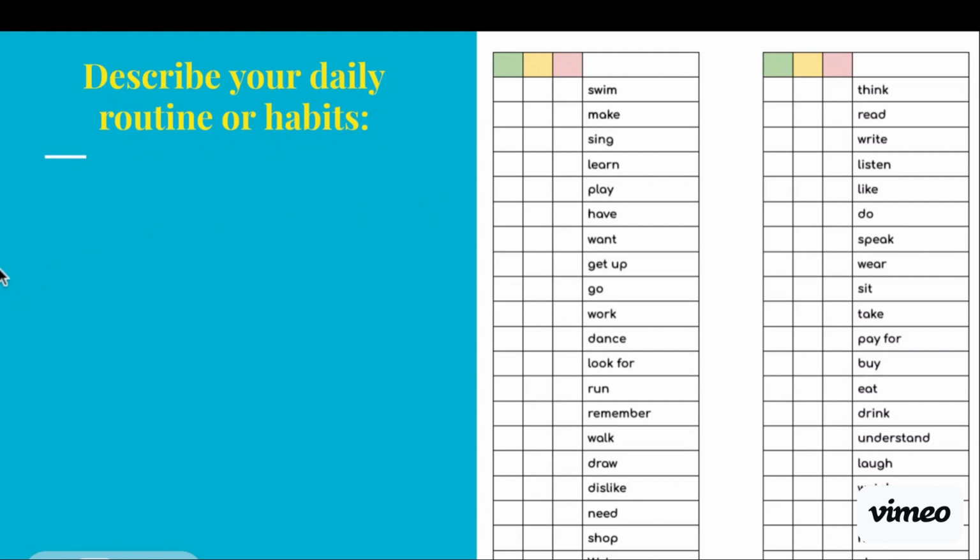Okay, so jumping into our next activity. This is going to be our writing and speaking activity. So we are going to describe our daily routine or habits. I put the verbs here from earlier today so that we can use them for this activity and we can keep practicing them over and over in different ways.